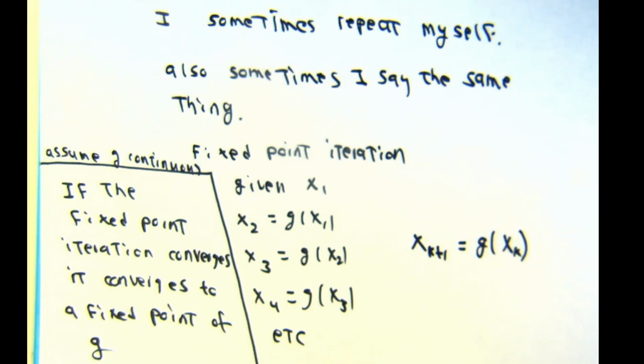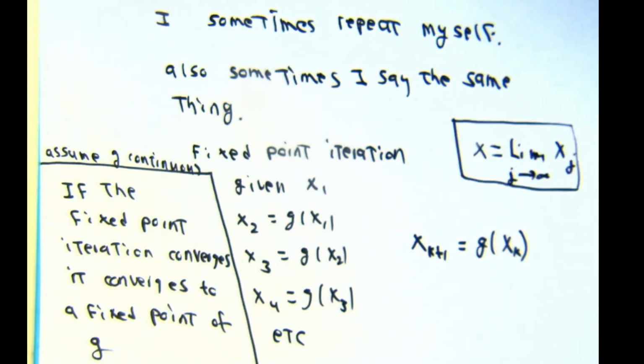Let's suppose that the fixed point iteration converges to some particular number that I'll just call x. So that I don't bias myself, I'll represent that as x equals the limit as some letter tends to infinity of x with that index from the fixed point iteration.